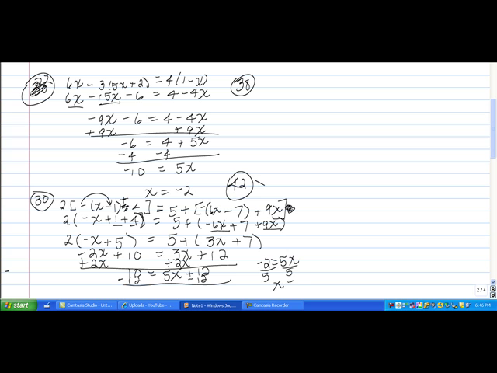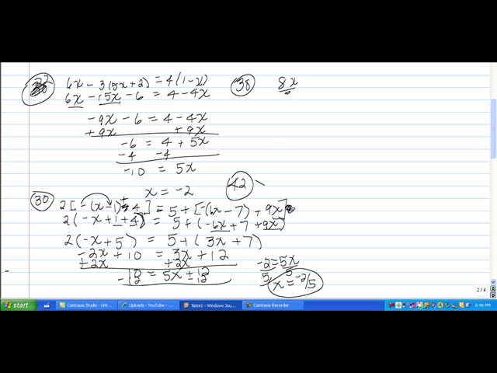We get x is negative 2/5. So in some cases we can see that we do end up with a fraction.